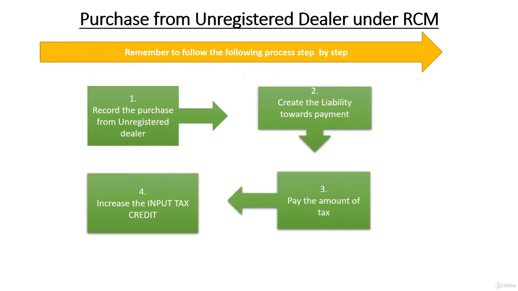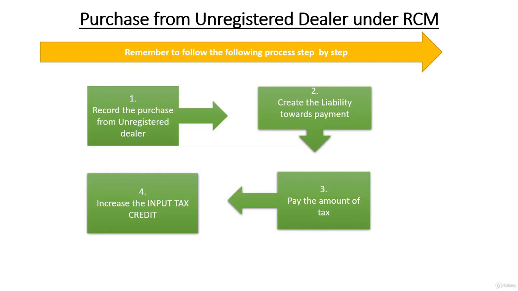Second, you have to create the liability towards your payment. You have to increase the liability, and then the third step is you have to pay the amount of tax, and the last, you have to increase the input tax credit. Obviously, you have to increase your benefit. That's why you can avail the input tax credit. If you do not post the input tax credit, you will not be able to adjust or set off your tax amount with the reverse charge mechanism tax amount.